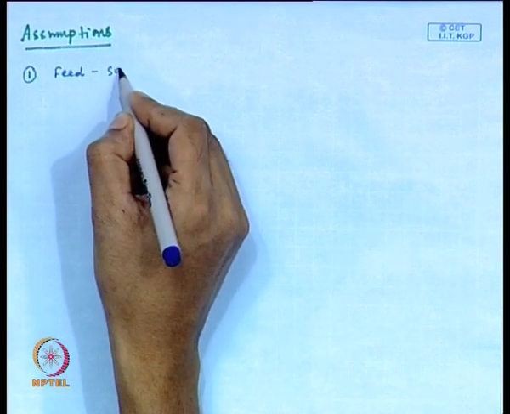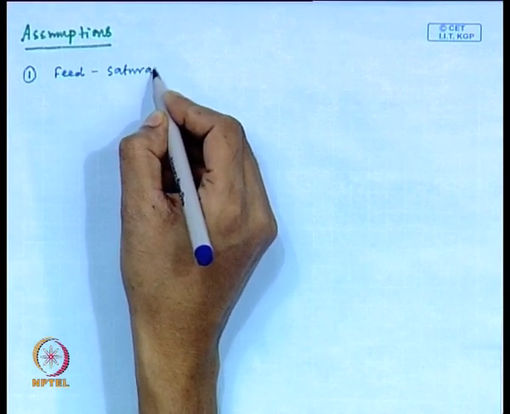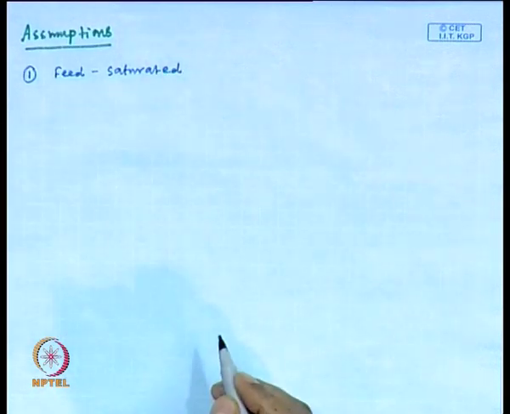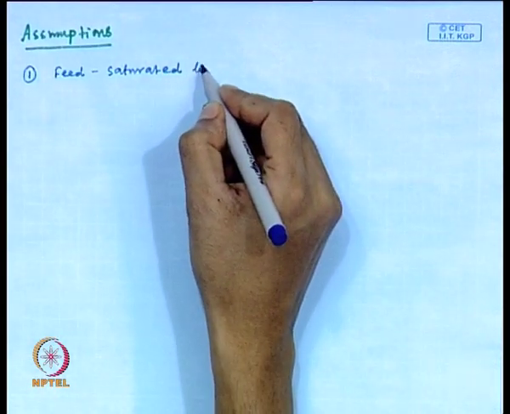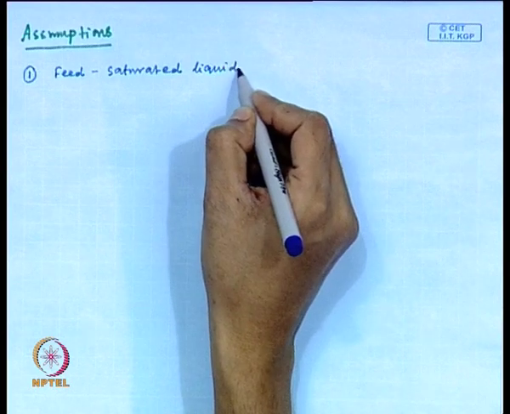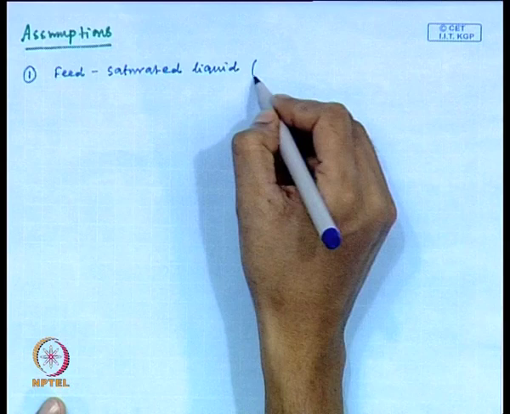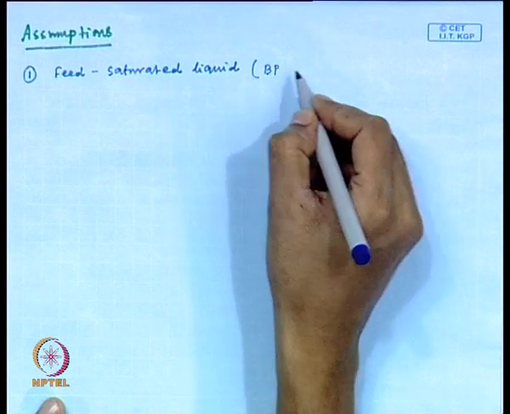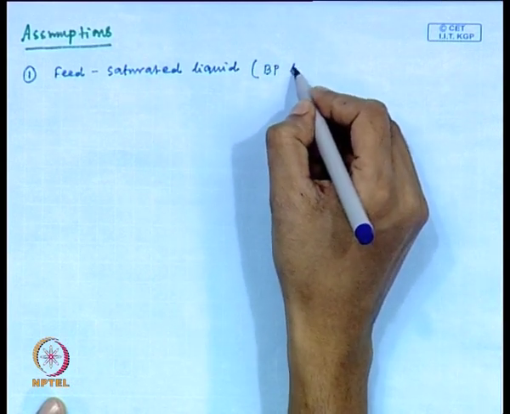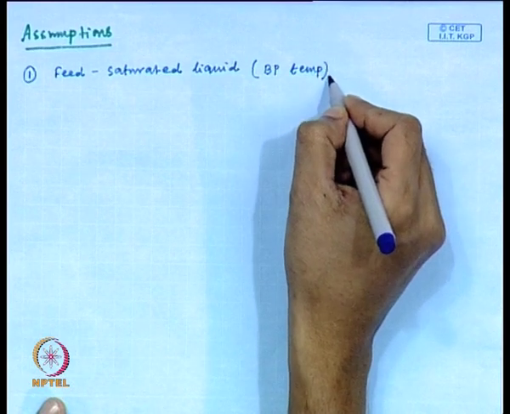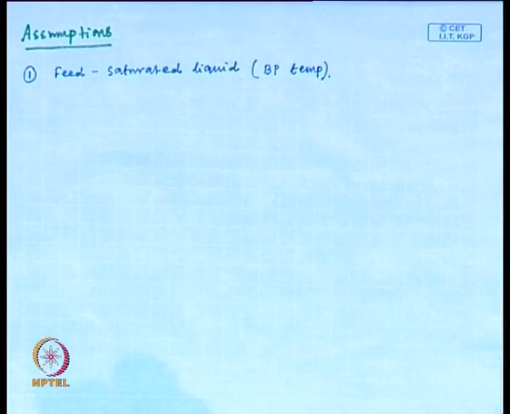The feed which is entering into the column is a saturated liquid. That means the feed is at its boiling point temperature. This is the first assumption.